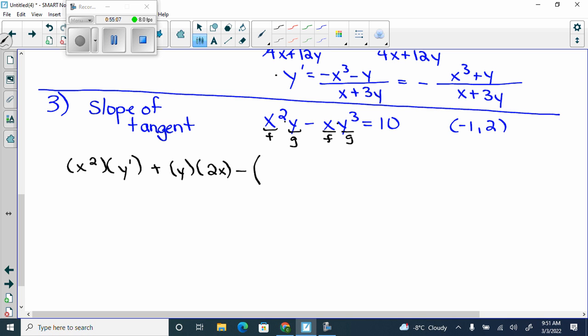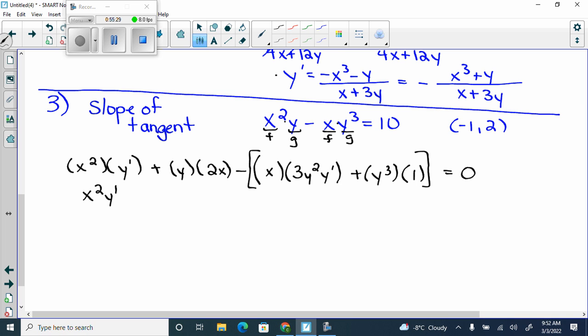So we're going to get f, which is x, times g prime, which is 3y squared y prime, plus g, which is y cubed, times f prime, which is 1, equals 0. Then I have my minus sign through. So I get x squared y prime plus 2xy minus 3xy squared y prime minus y cubed equals 0. So a lot of people will forget to distribute through.